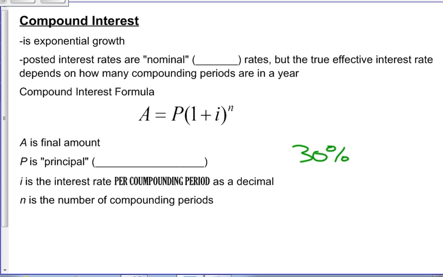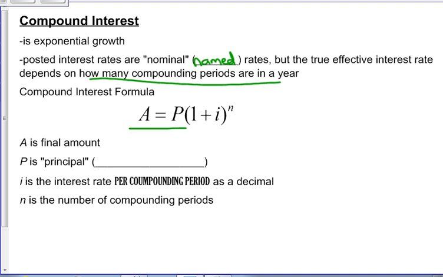But because of the different ways that you can compound that 30%, it may end up being a little more than that. So that 30% is what's called the nominal or named rate. But it's not the true effective interest rate. The effective interest rate depends on how many compounding periods are in a year. So whether it's weekly, monthly, semi-annually, or whatever.